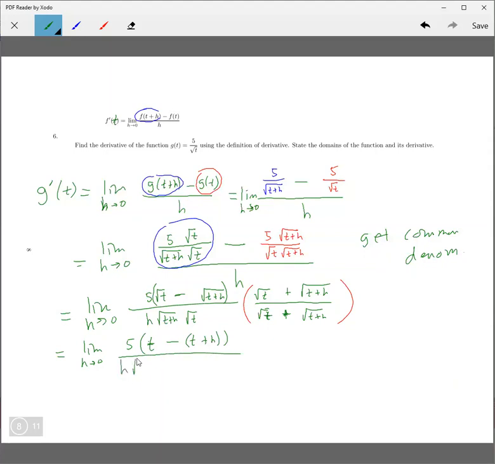And then of course here we have h times the square root of t plus h, the square root of t, and then the square root of t plus the square root of t plus h. So this and this are going to reduce, and you're going to have, in the numerator, a negative 5h.